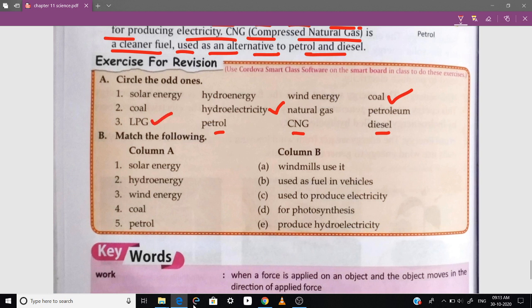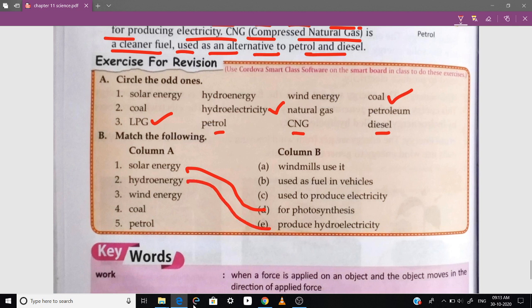Okay, match the following. Solar energy will be matched with: windmills? Or used as fuel in vehicles? No. Used to produce electricity? For photosynthesis? Yes, for photosynthesis. Hydro energy produces hydroelectricity.